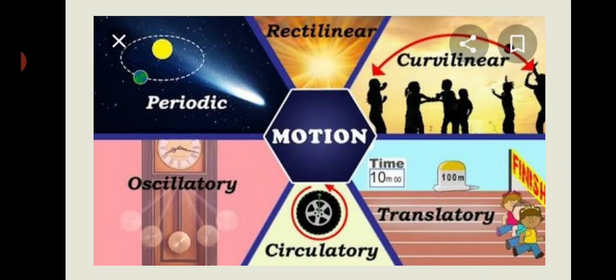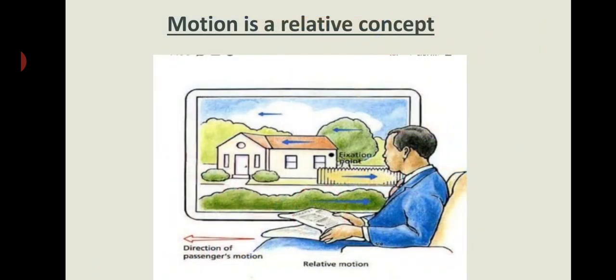There are different types of motion: periodic motion, oscillatory motion, circulatory motion, translatory motion, curvilinear motion, rectilinear motion. Motion is a relative concept.